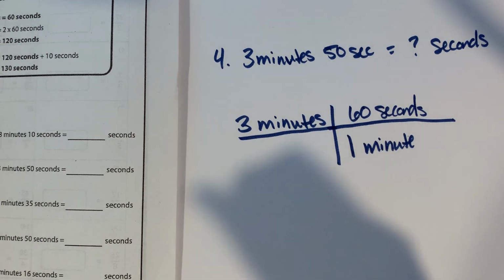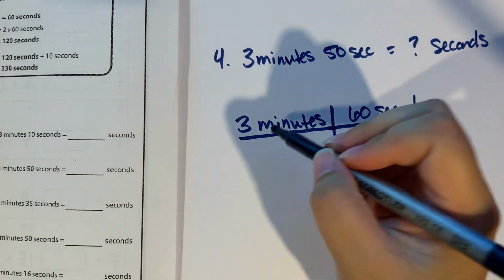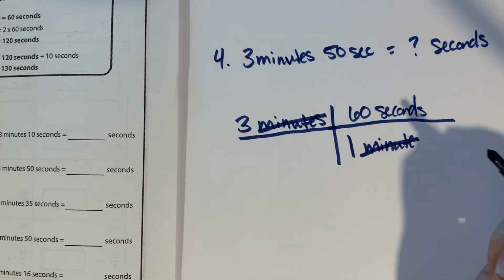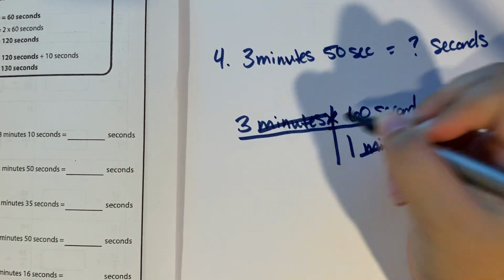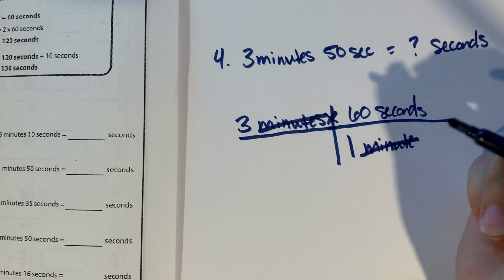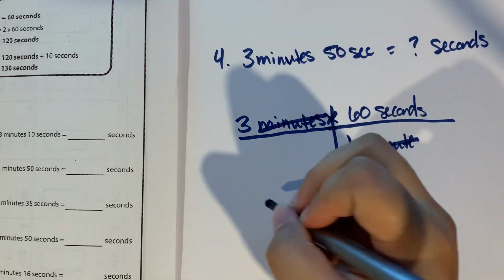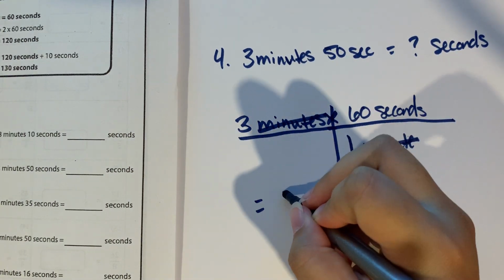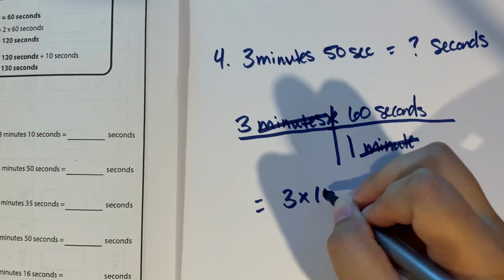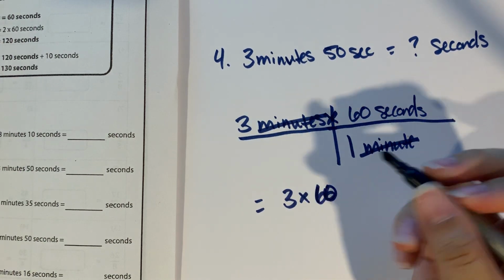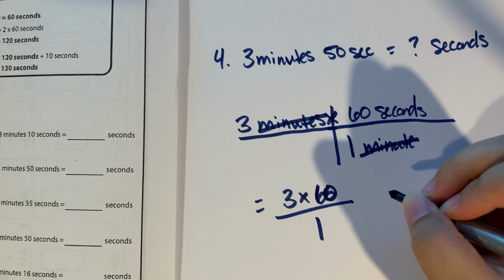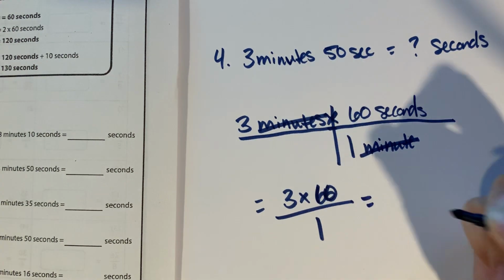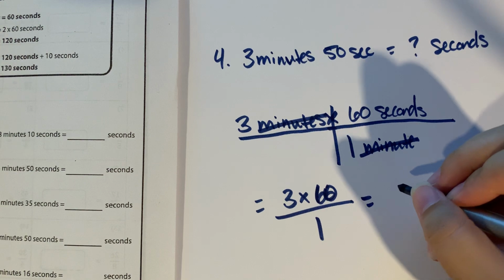What happens is that these minutes cancel out, and what you're left with is 3 times 60 seconds divided by 1. Just put that into your calculator.